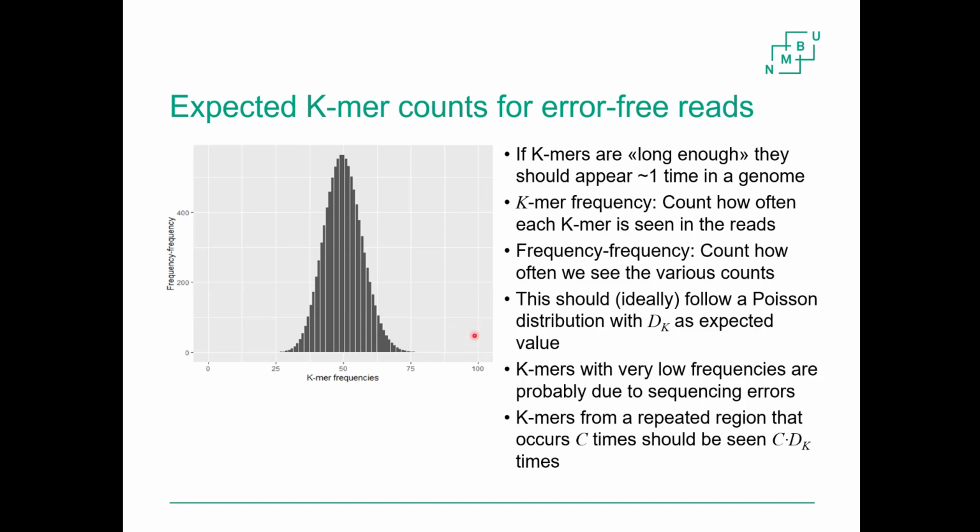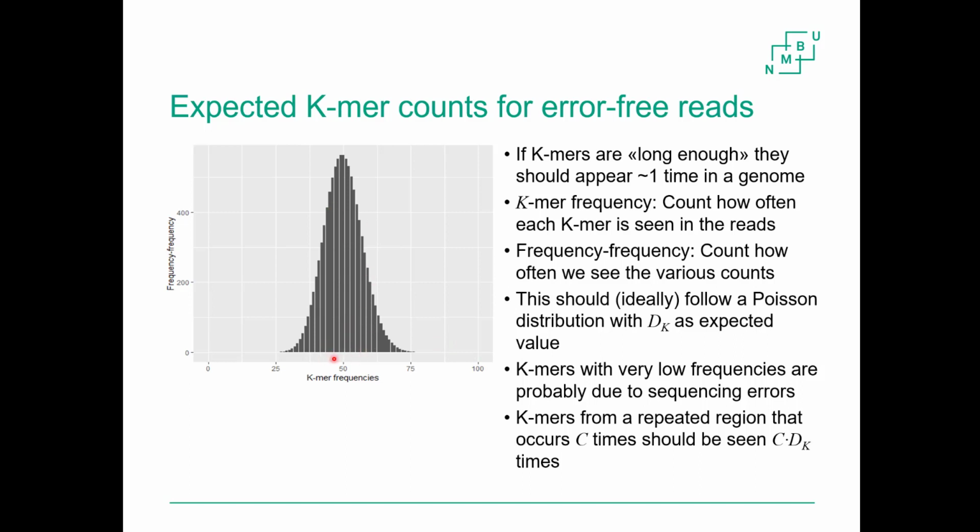Those are the regions of the genome that are repeated twice. And then you have an even smaller peak at 3 times dk. And so on, but they are quickly getting smaller, right? Because only a smaller part of the genome is repeated that many times.